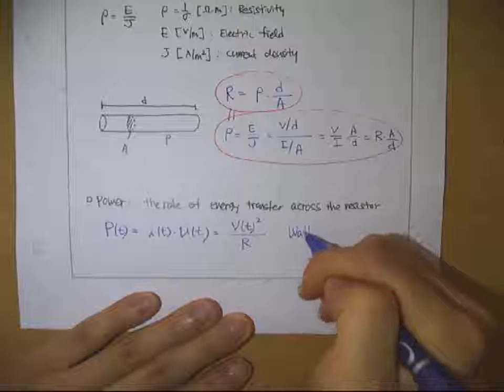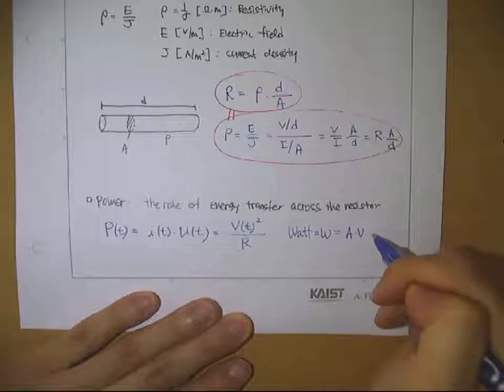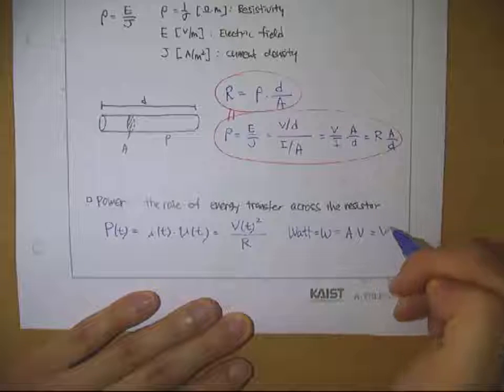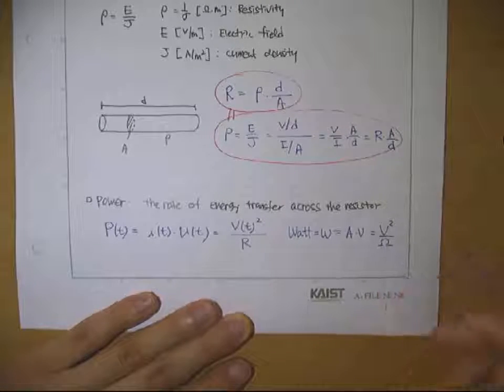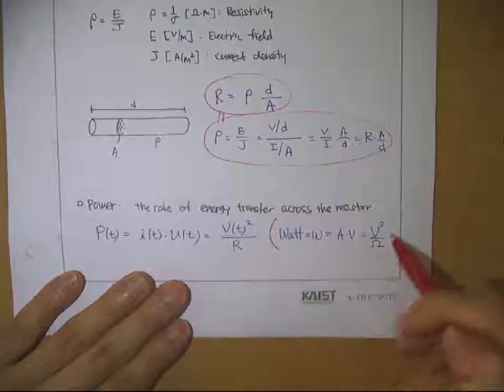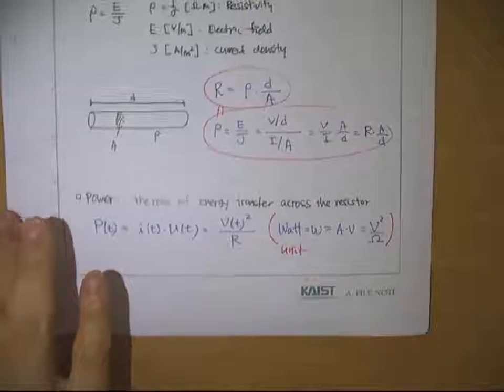We use the watt, right? W, that's ampere times voltage, or voltage square over ohm. This is the unit.